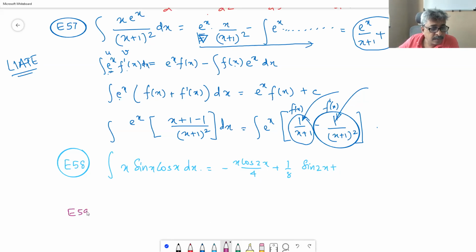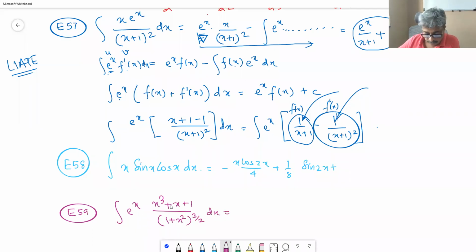E59. Integral e raised to x times x cube plus x plus 1 divided by 1 plus x square raised to 3 by 2 dx. This problem is of the earlier type where your algebraic expression is supported by f of x followed by f dash of x.